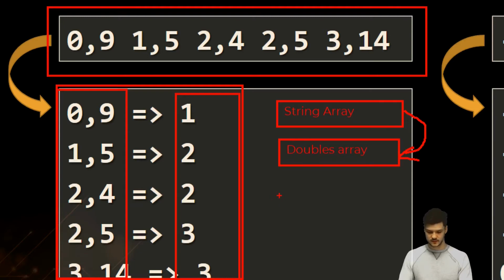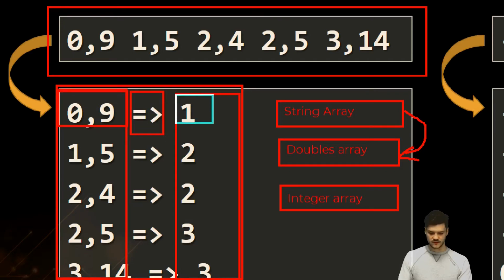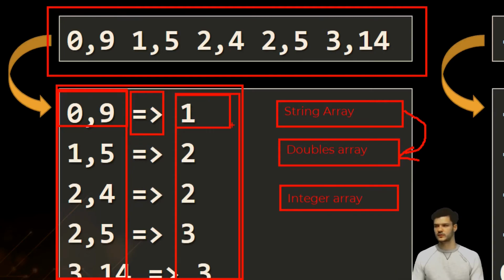And then from this array of doubles, we need to go through it and round each number to have an integer array with all the rounded numbers. And last but not least, we need to print them both. So on each line, we need to print the first element of the first array, then this symbol, then the first element of the second array, and so on, until we are finished.